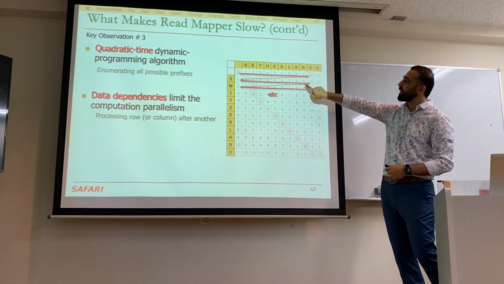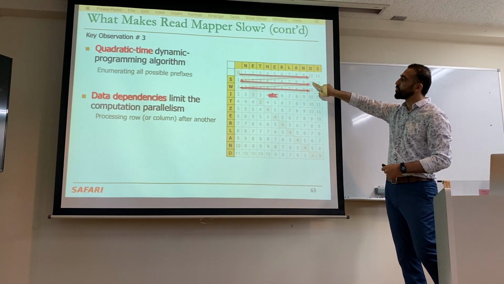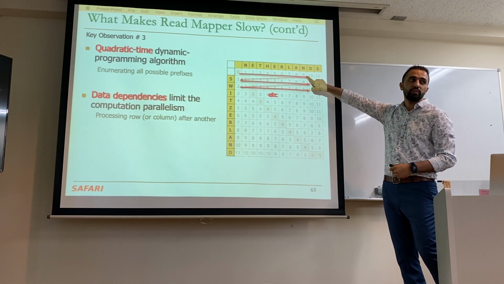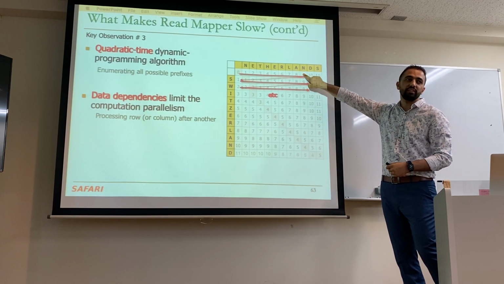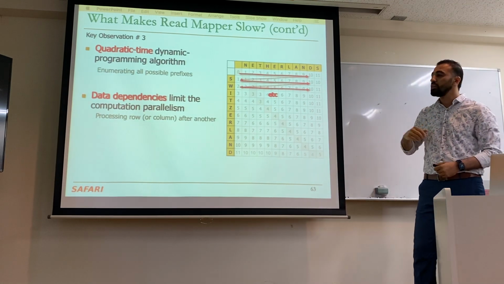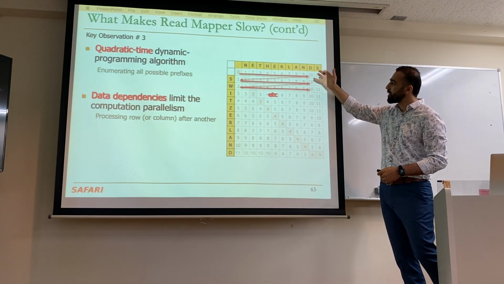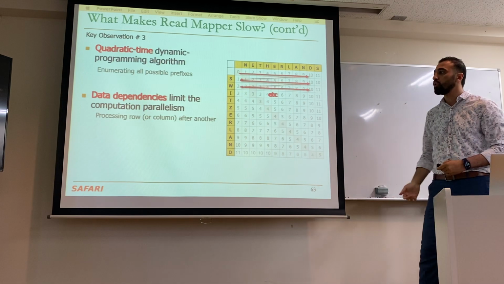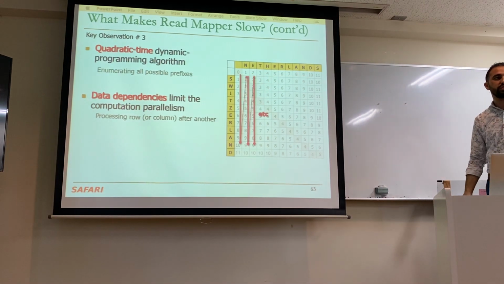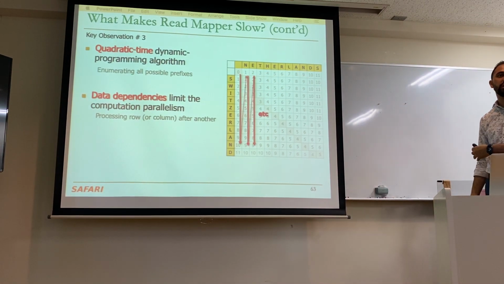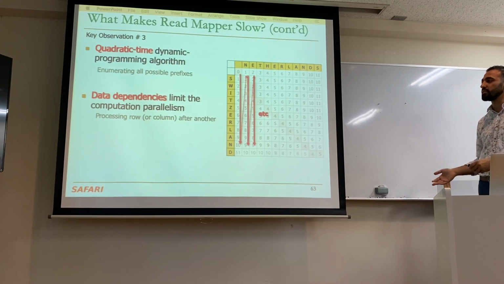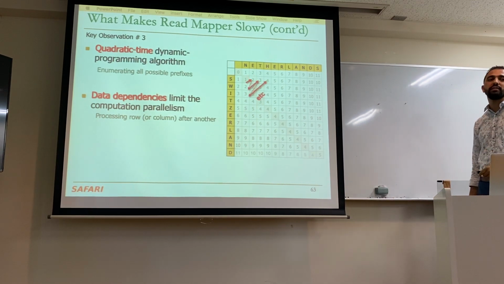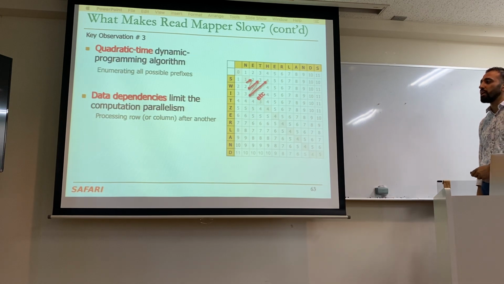So, for example, I cannot compute this row before computing that row, such that when I compute this, I need to have these 2 cells previously computed. So I need to build this row, then that row, then this row, and so on. Or I can do it column-wise, first column, second column, third column, and so on. I cannot do anything further to accelerate these things. Or I can do it in an anti-diagonal shape, for example.